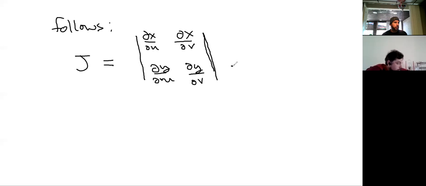Okay, so this is scary. We're going to do an example in a second that's going to help. Again, what's the intuition for this? In the one-dimensional case, we know that dx is related to du by multiplying it by something, maybe a constant, maybe an expression.